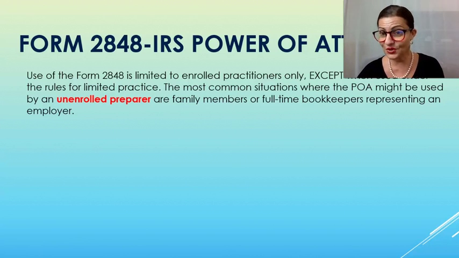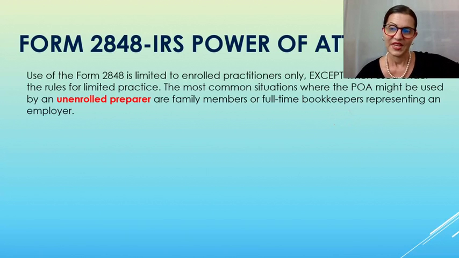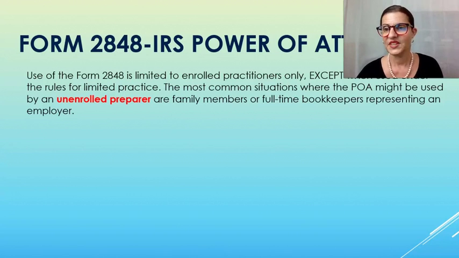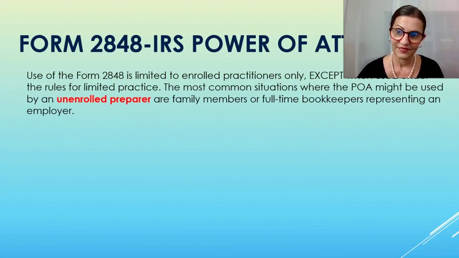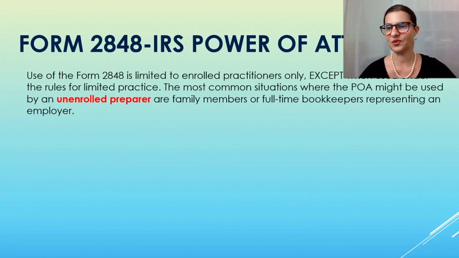And like I said, usually it's a payroll issue. You have someone who's like a payroll supervisor. They're not an enrolled agent, but they know payroll backwards and forwards. They're working for a company, and some issue comes up with the company's payroll and they're receiving IRS letters. So that particular employee can fill out a 2848 as a full-time employee of that employer and then represent that employer before the IRS.